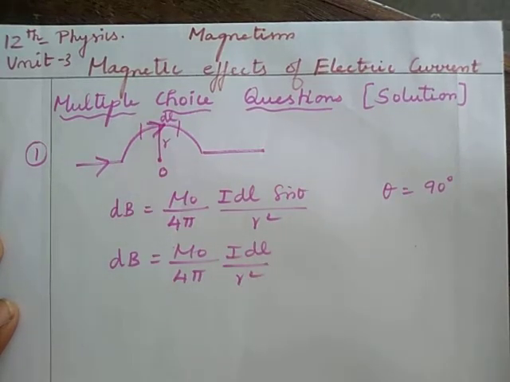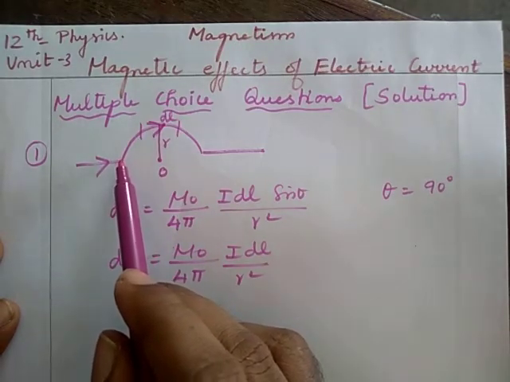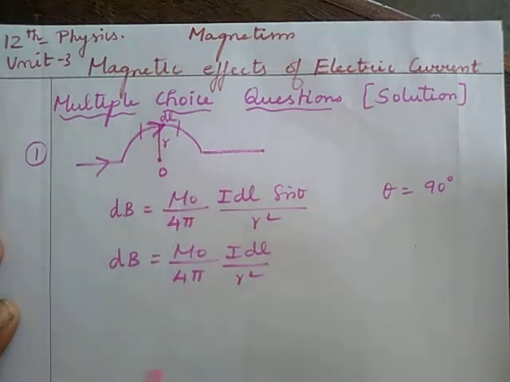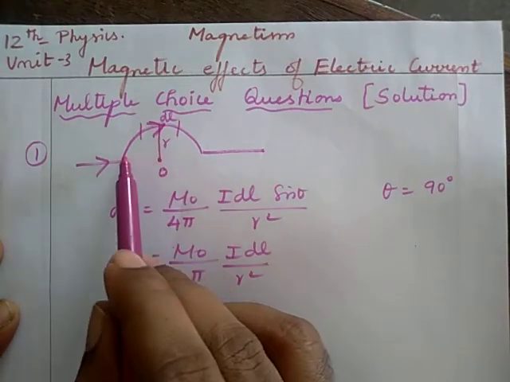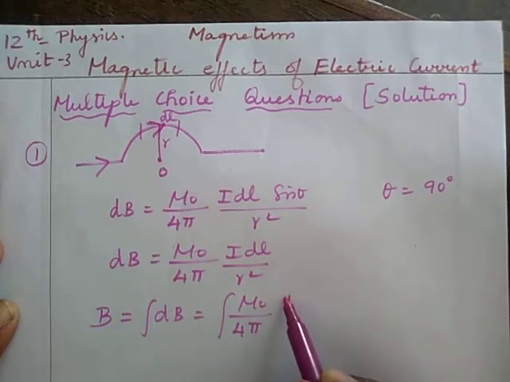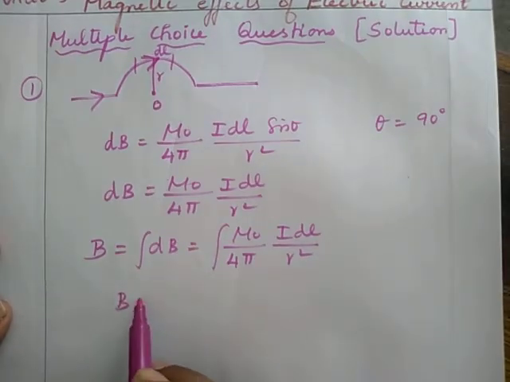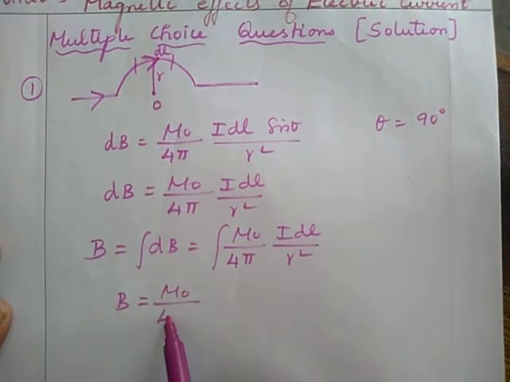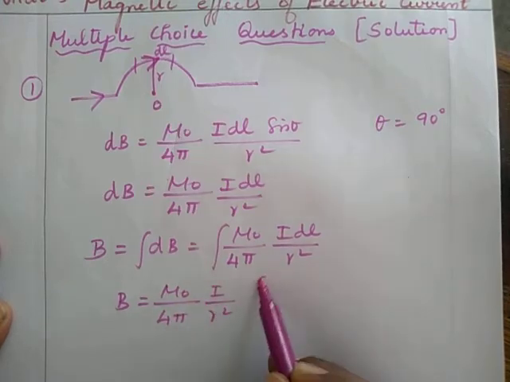In order to find the magnetic field due to the entire semicircle at the point O, we need to integrate this. B is the magnetic field due to the semicircular conductor at the point O, that is B is equal to integral of dB, that is equal to integral of mu naught by 4 pi I dl by r square. Here mu naught by 4 pi I by r square is constant, so taking it out of the integral, then integrating dl.